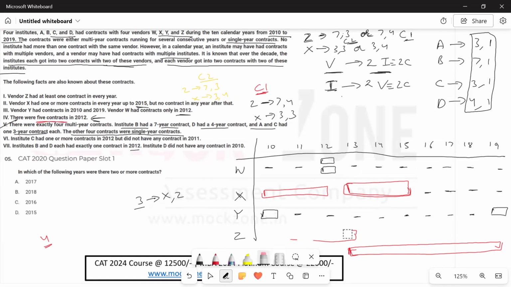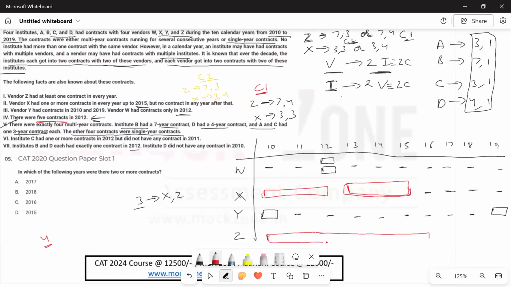Okay. So the other combination is that Z will have a 7 year contract first, 1, 2, 3, 4, 5, 6, 7 till 2016. And then he'll have a 4 year contract का बाद में. ठीक है.